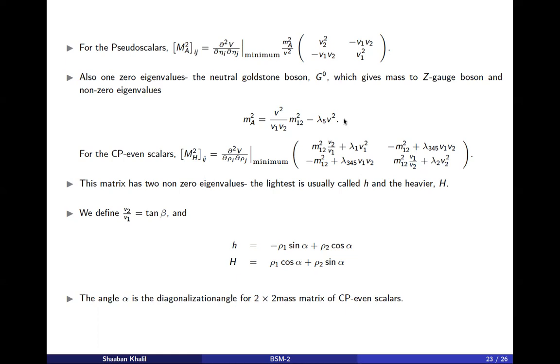So 2 by 2 matrix, you diagonalize with sine and cosine, and it depends on α. So α is the mixing angle between h and capital H.